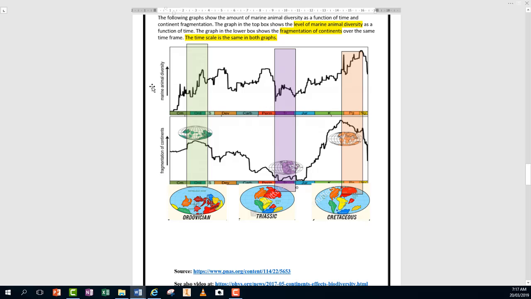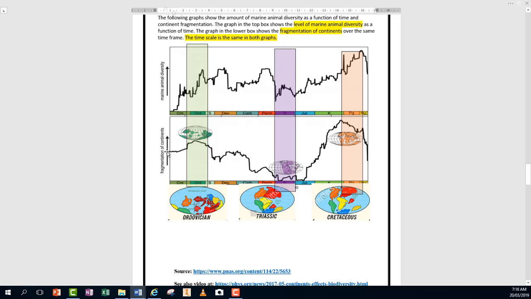Okay, so we've always got marine diversity. It just ranges from above and below the average marine diversity is what I'm seeing. We've always got fragmentation, but I don't know if there's as much of an average here. Well, we don't know what happened before this, do we?